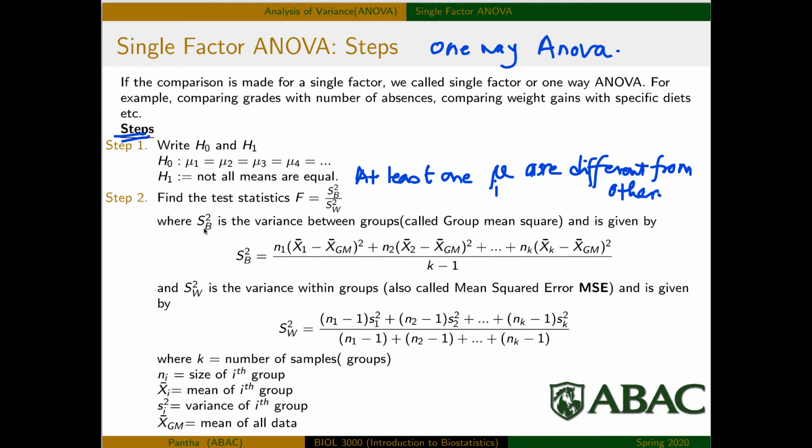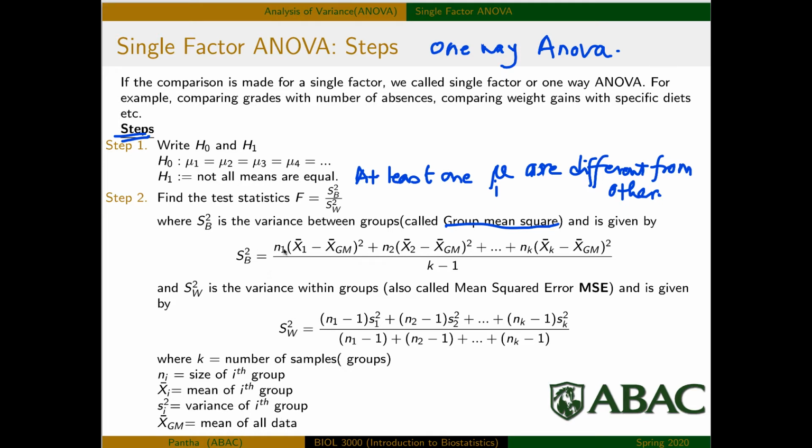Where S squared B is the variance between groups, called group mean square. And it's given by this formula. N1 times X1 bar, the mean of the first sample, minus X bar GM, the mean of all data, the whole samples, not the whole population but the whole samples.